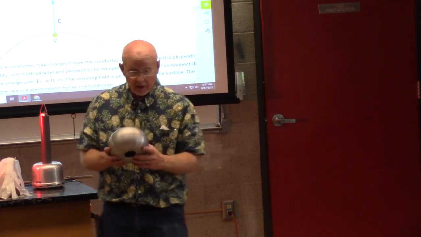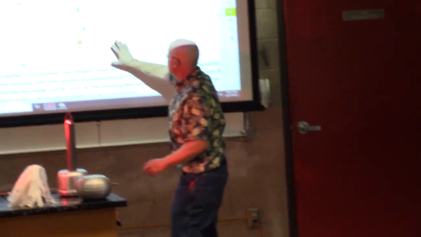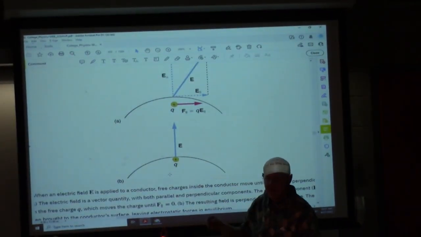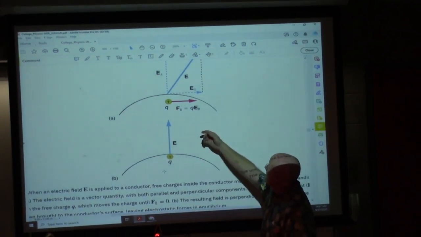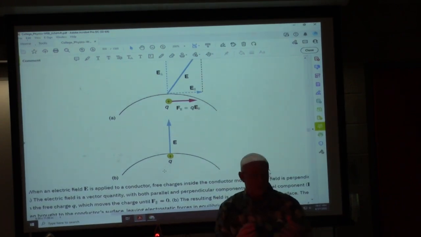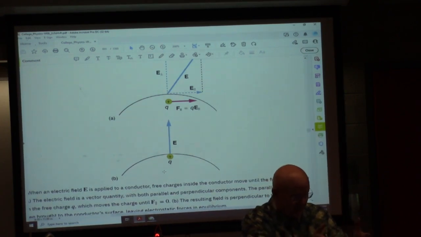Well, the first thing that your author argues, and he has it in this picture, is that the electric field must be perpendicular to the surface. Because if it's not perpendicular, it would have a small piece that's parallel to the surface. Remember, that electric field is the mechanism that makes forces move.